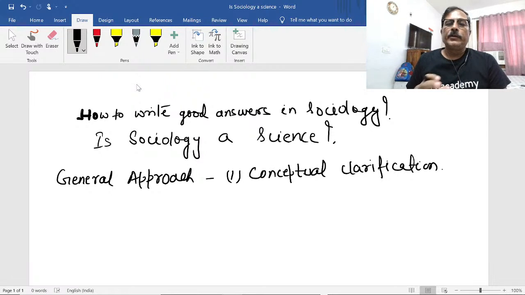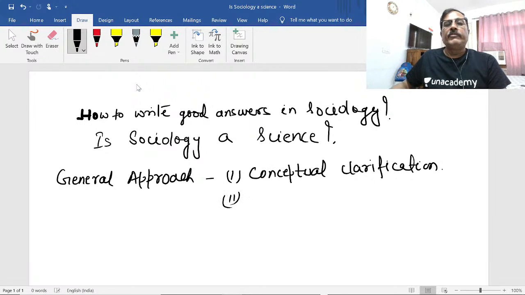So unless you are very clear about the concept, it would be difficult to proceed with your answer. So I will emphasize that first and foremost importance should be given to conceptual clarification in understanding sociology as a discipline. Each topic should be studied not merely for mugging up, but with more emphasis on understanding what it wants to convey, right?